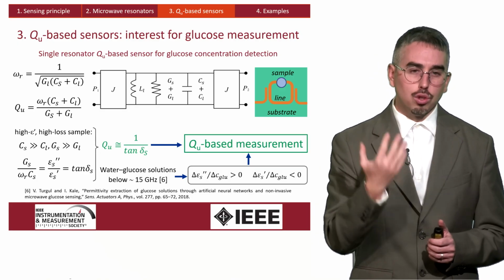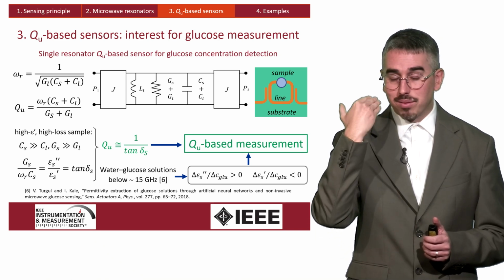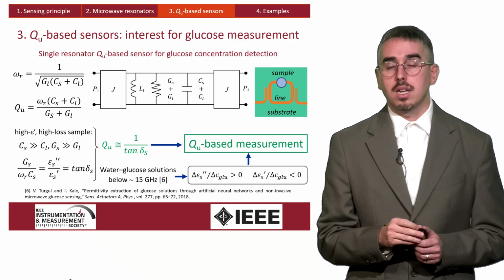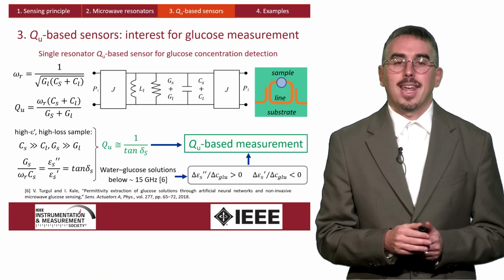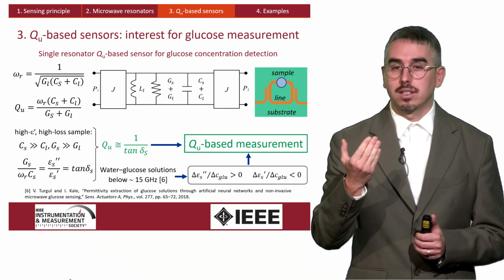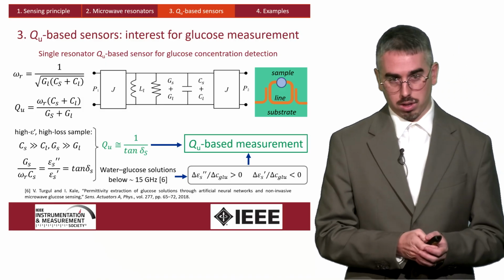We can assume that the sample will have a very high value of the real part of the permittivity, which is true if you see it in the previous slide, and also that the sample will have high dielectric losses, which is true as long as we use a low-loss substrate and a good conductor.